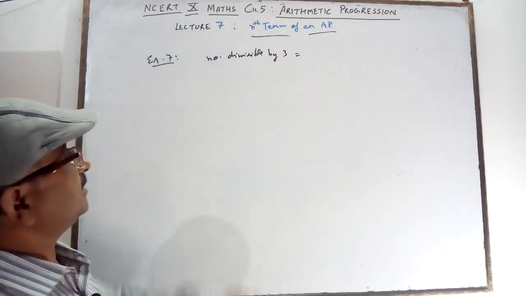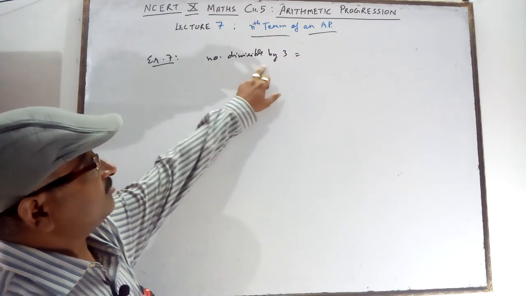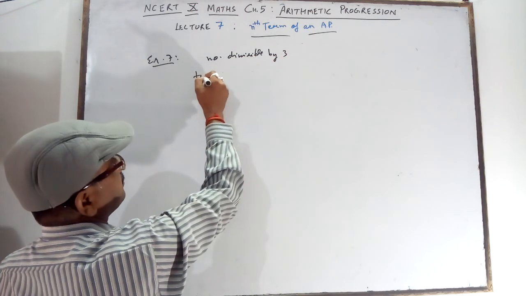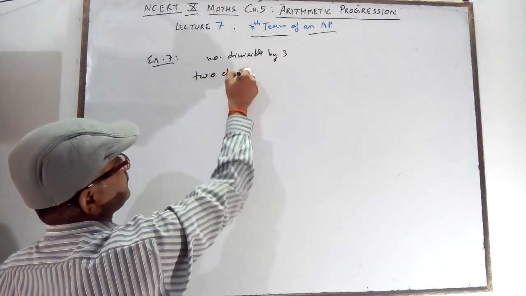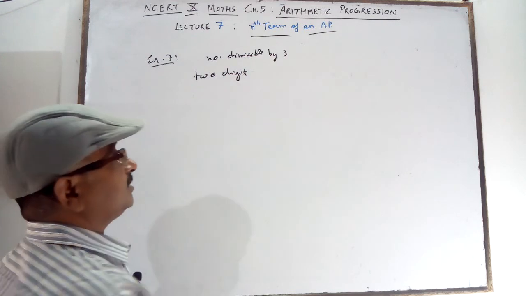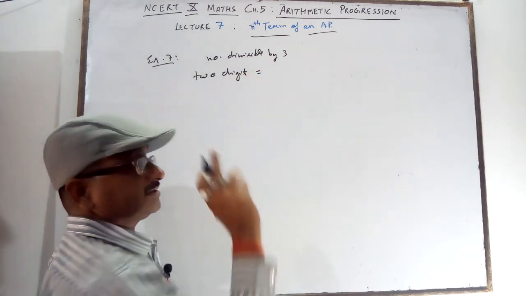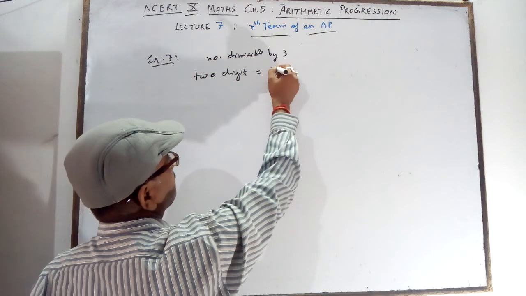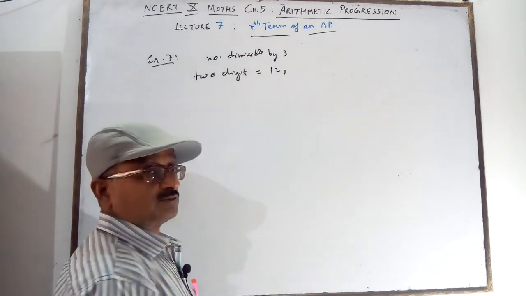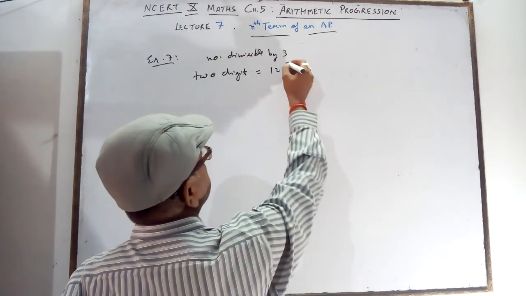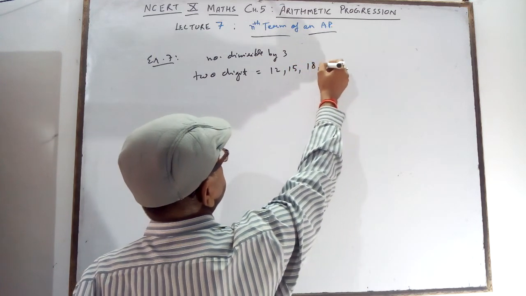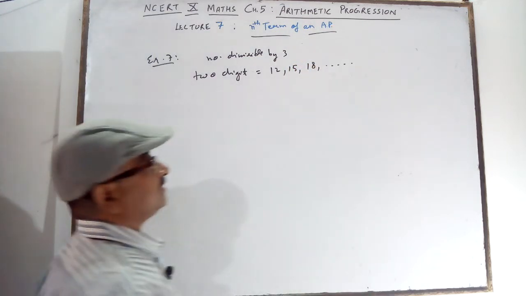What are the 2-digit numbers divisible by 3? 3 ones are 3, 3 twos are 6, 3 threes are 9, 3 fours are 12. From 12 you start to write: 12, 15, 18, and so on, up to infinity.